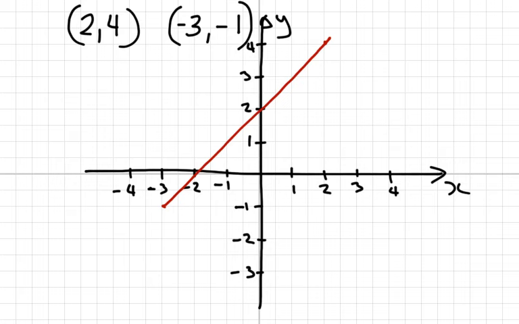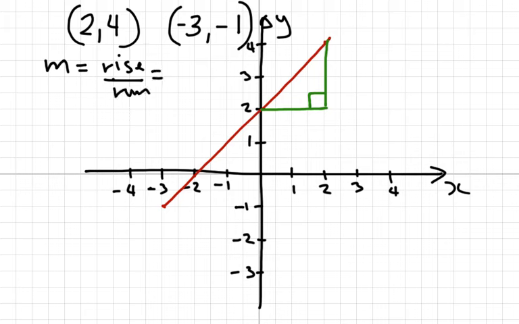The first way I'm going to go for is quite easy. I'll make a right angle triangle anywhere on this line, and I choose to make my right angle triangle there. We know that the gradient is the difference in y over the difference in x, or in some cases, some people call it the rise over the run.